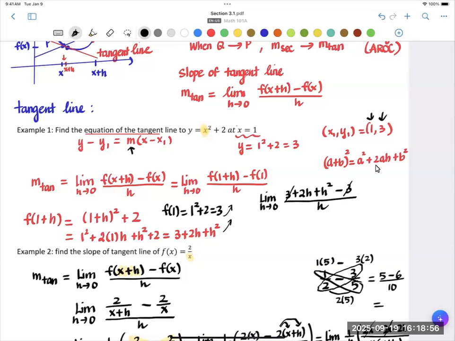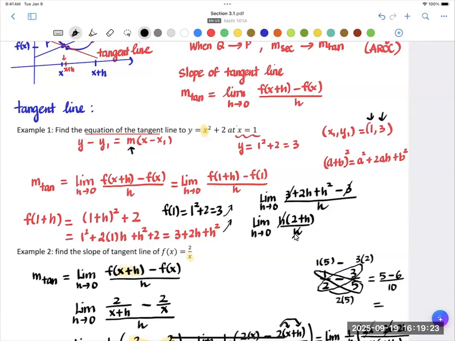After we cancel out the 3, our expression will become the limit as h approaches 0 of 2h plus h squared over h. Since both terms have h, I can take out the h from the expression. So I can think of taking out the h, and I will have 2 plus h inside. Now cancel out the h in the numerator and denominator.